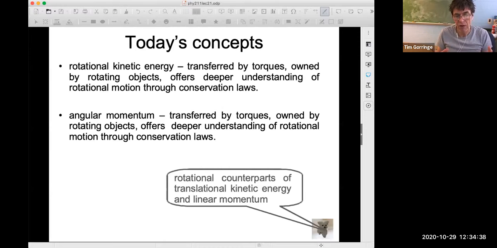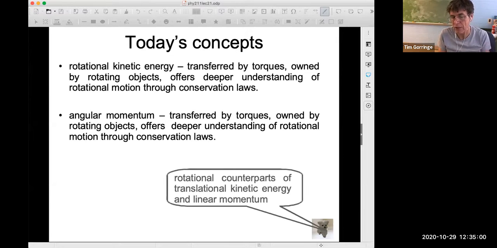I just think of them as the rotational counterparts of translational equivalents. So in translational motion, we talked about kinetic energy, and now I'm going to call it translational kinetic energy. And in translational motion, we talked about momentum.